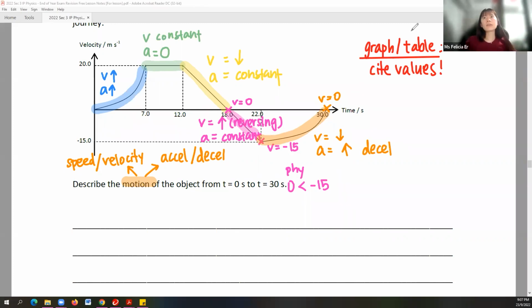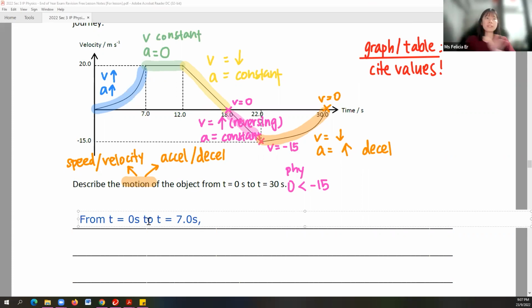Done. Okay, so I'll leave this question for you to do on your own. Remember to sub in all the values. So how do you phrase your answer? You just start your answer off with from this timing to that timing. So maybe from t equals 0 seconds to t equals 7.0 seconds, comma, what happened? So you write down the velocity and the acceleration. Then after you are done, you do the next timing. You always present your answer as from which part to which part of the graph to let the teacher know which section you are talking about.